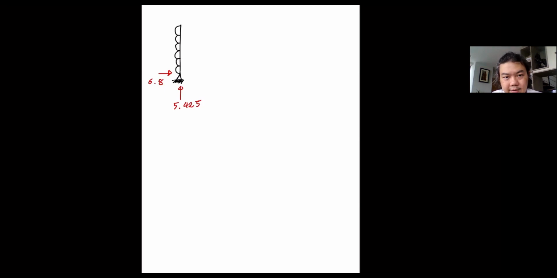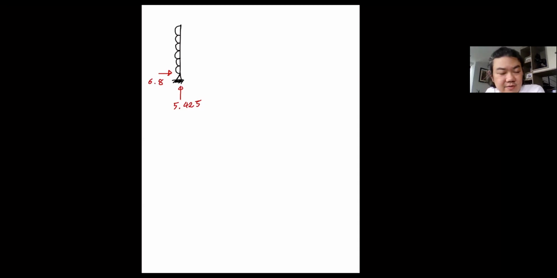Okay, and it means that this is the basic system. Those 3 unknowns can always be solved by simply using those 3 equilibrium equations. If you have more unknowns than this, you're going to have to take the next step and obtain more knowledge to deal with that. Okay, so this is the first step that we know.